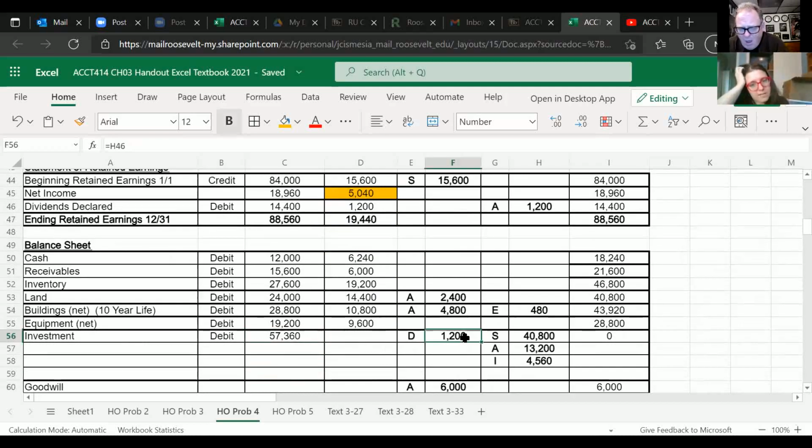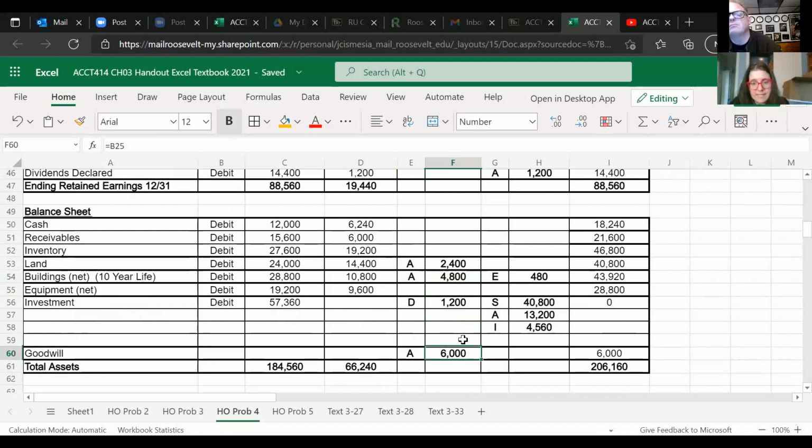So we're adding in the dividends of 1,200, and we're taking out the 480, which is the land, and the 13,200 is the 2,400, 480, 4,800, and the goodwill of 6,000.